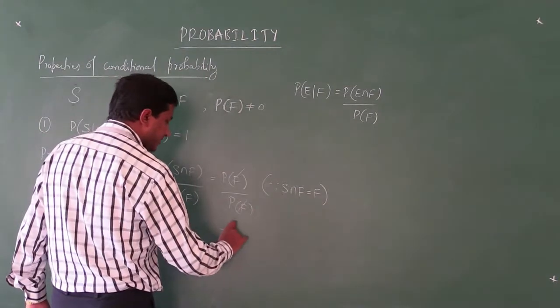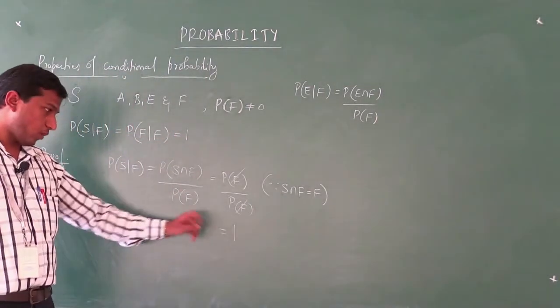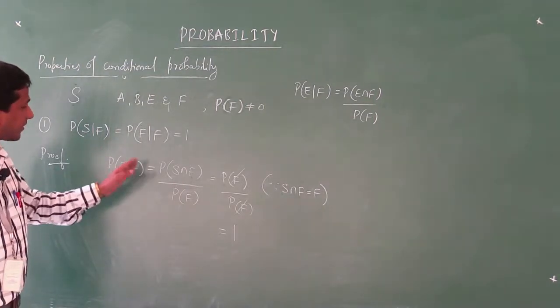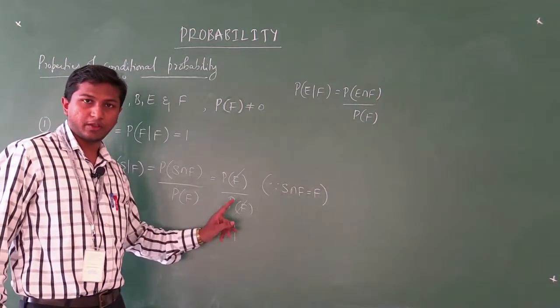These two cancel and we get 1. So we have proved that P of S bar F equals 1.